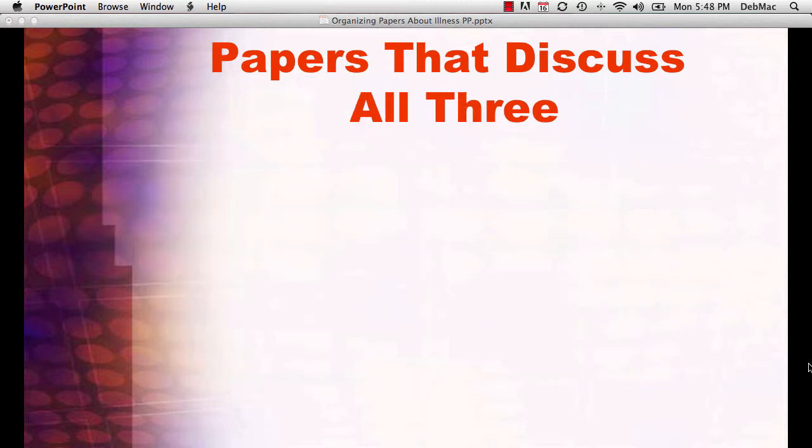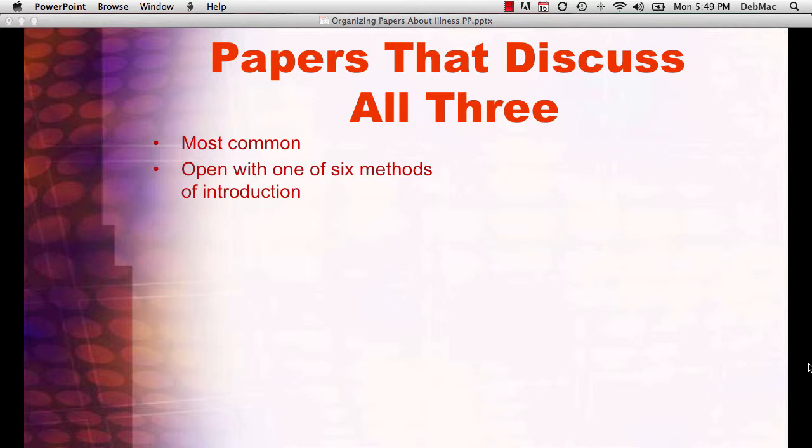But we need to discuss papers that discuss all three of those aspects: the causes, the symptoms, and the treatment. That will be the most common type of paper, and the most common organizational scheme that a paper on an illness would lead to. First of all, you open with one of the 6 methods of introduction that are outlined on the Introduction and Conclusions handout.